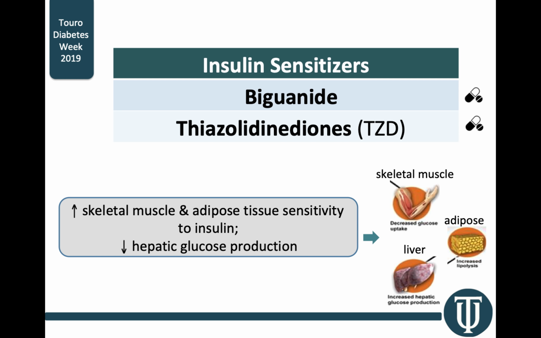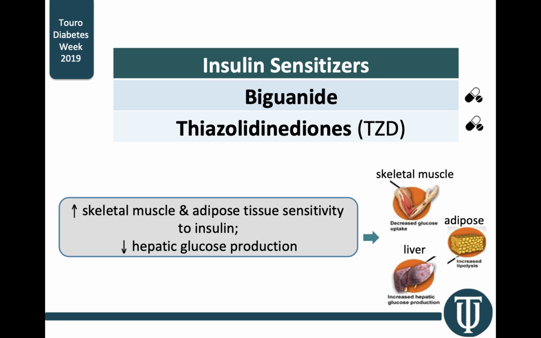They are biguanide and thiazolidinediones or TZDs, and collectively what they do to lower the glucose is first to increase the skeletal muscle and the adipose tissue sensitivity to the insulin. Sensitizer, right? So make the tissues more sensitive to insulin, specifically adipose tissue and skeletal muscle.